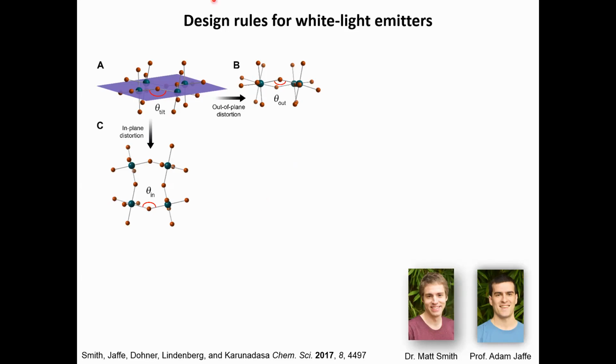So you can define a plane that goes through the lead atoms, and you can imagine tilting in and out of that plane, and also within the plane. So this is my out of plane distortion, where the tilting is up and down. And this is my in plane distortion, where the tilting occurs within the plane of the sheet.